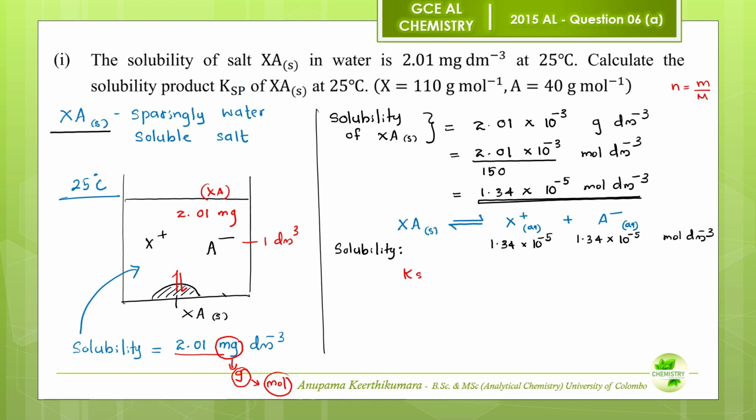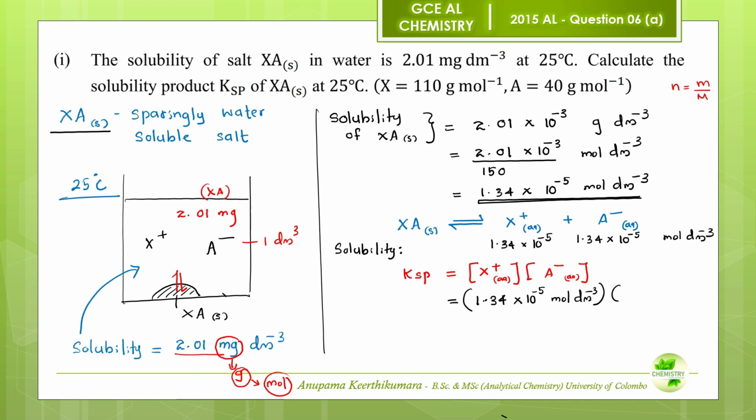Ksp equals X plus ion concentration times A minus ion concentration. X plus ion concentration is 1.34 times 10 to the negative 5 moles per cubic decimeter, times the concentration of A minus, which is also the same because the stoichiometry is 1:1.